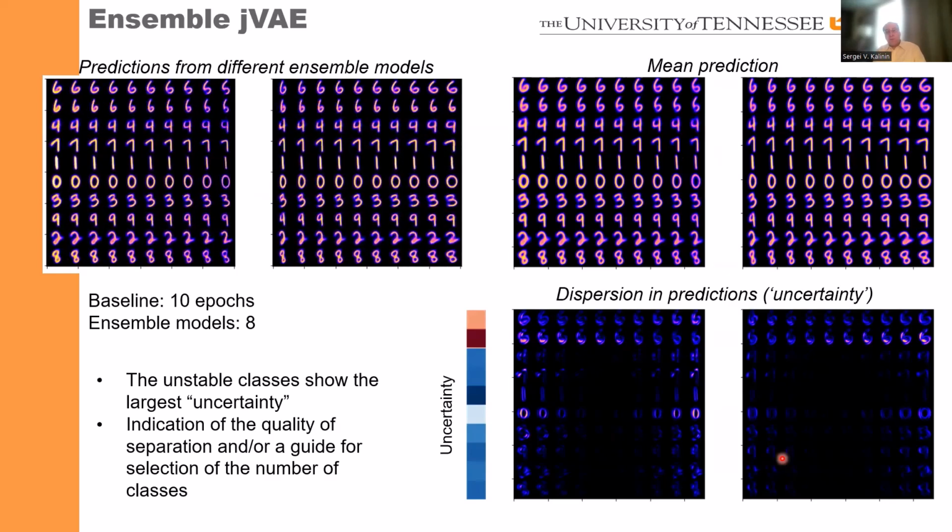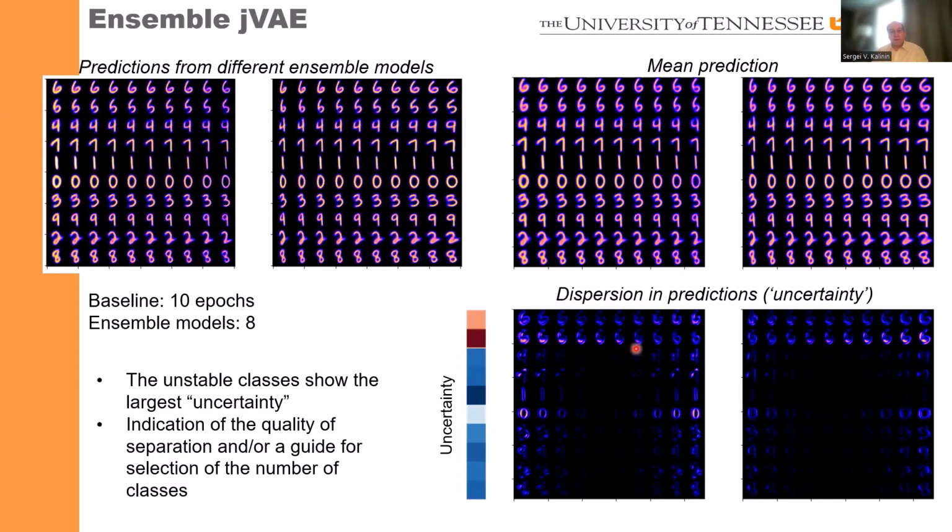So it seems that one way we can work with the joint autoencoders is to run multiple of them at the same time and then compare the predictions. It seems to be the case that the clean classes remain more or less stable if we have multiple models in the ensemble, but in the case when the classification is imperfect, we have pretty high uncertainties.